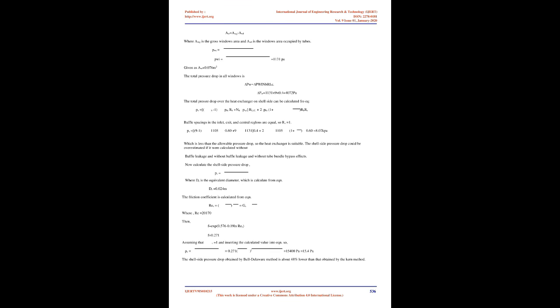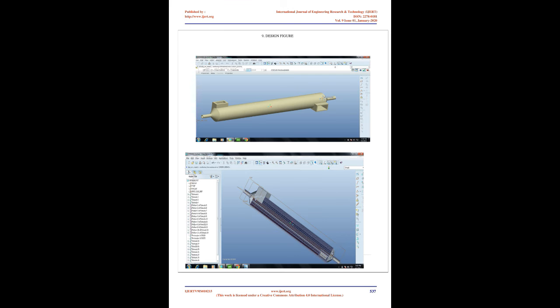NT equals 374. The flow area through the tube is At equals pi over 4 times d squared times NT, equals pi, 0.016 squared over 4 times 374, equals 0.075 m2. Now estimate the shell diameter from the equation.